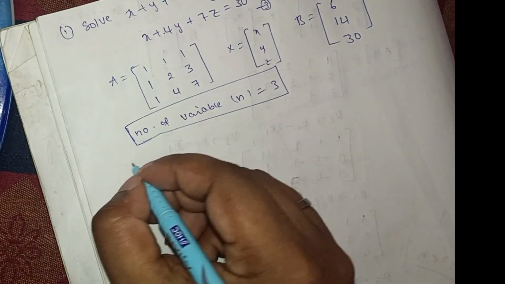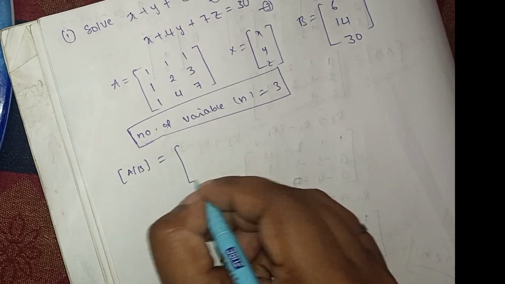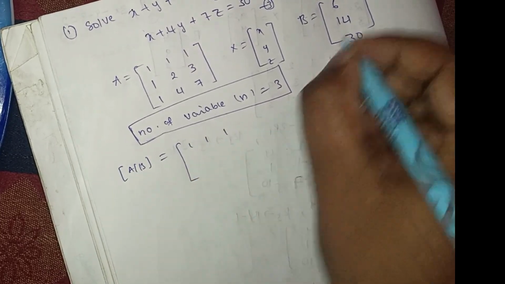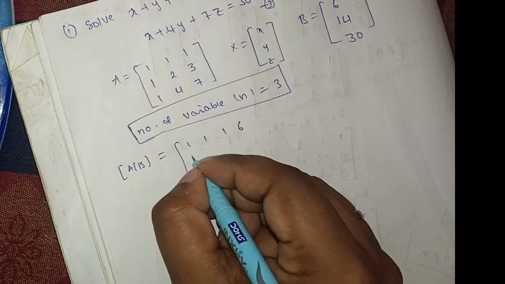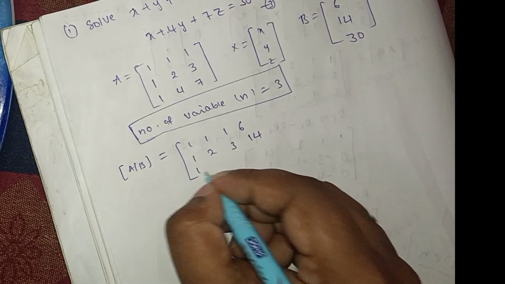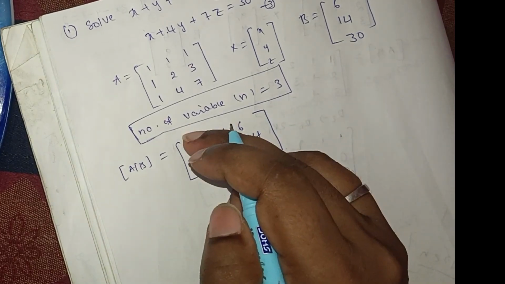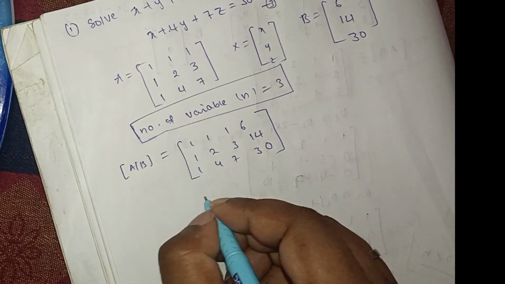Okay, now my augmented matrix [A|B] or AB: 1 1 1 6, 1 2 3 14, 1 4 7 30. This has 1, so ignore it, make these zeros.